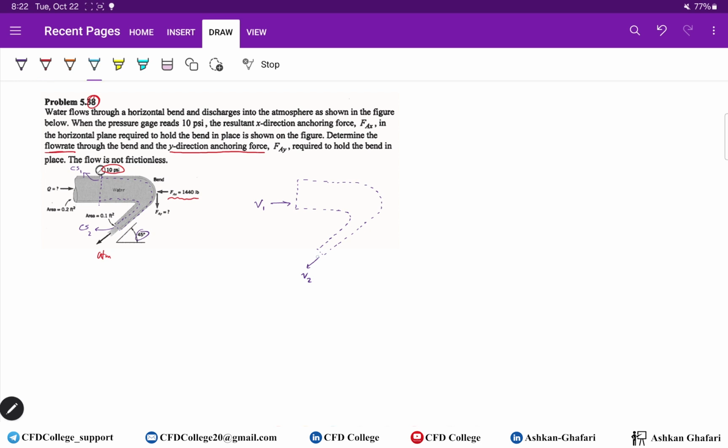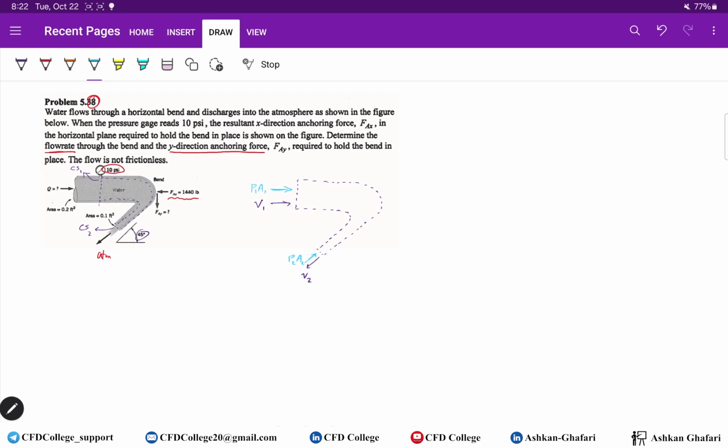Because at the outlet we have atmospheric pressure, but at the inlet, at control surface 1, we have this pressure which is above atmospheric pressure. It's higher than it. So here we have force due to pressure P1A1. Actually we have another force here, P2A2. Remember that the forces due to pressure are always perpendicular to the control surface and toward the control volume, whether we have inlet or outlet.